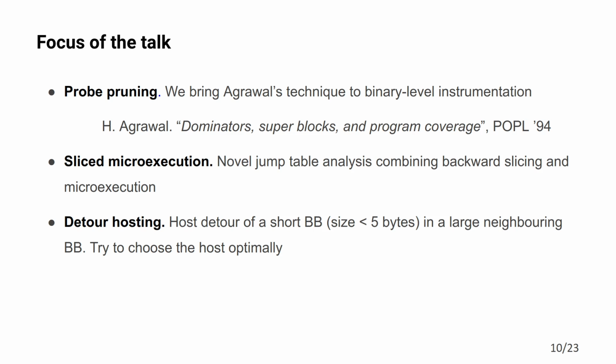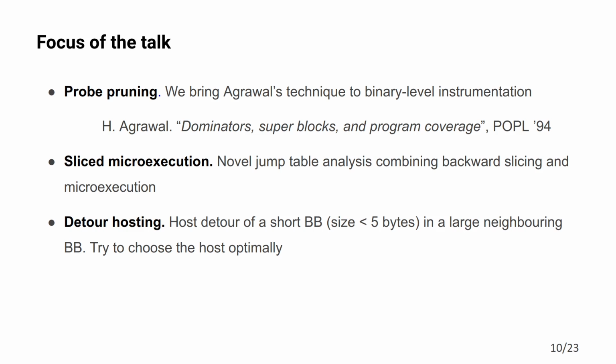The first is the pruning technique previously proposed by Agrawal in his POPL 94 paper. We choose this technique because of the superior efficiency and flexibility it provides compared to alternatives. Also, we propose a novel and a highly precise jump table analysis. It combines backward program slicing with microexecution. Hence, we simply called it sliced microexecution.